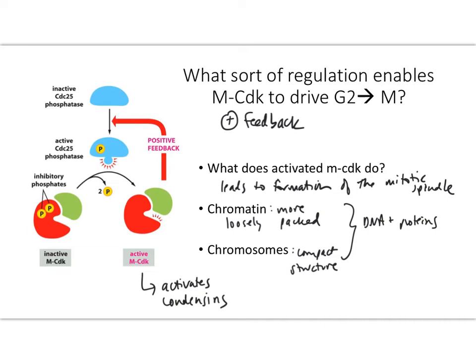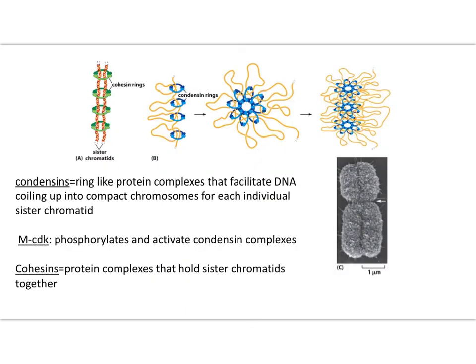Then it gets condensed into a more compact structure called chromosomes. So chromosomes are the compact structure, and they would look like what you are used to maybe seeing, like this. But chromatin is more like this kind of a thing. And so it's no coincidence that when we say the chromosomes are condensed into this compact structure, condensins are involved with that. This is figure 18-18.